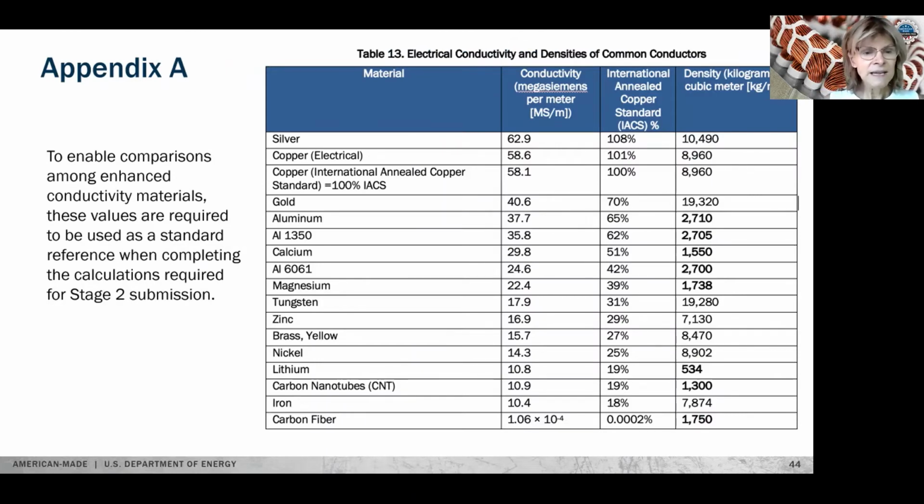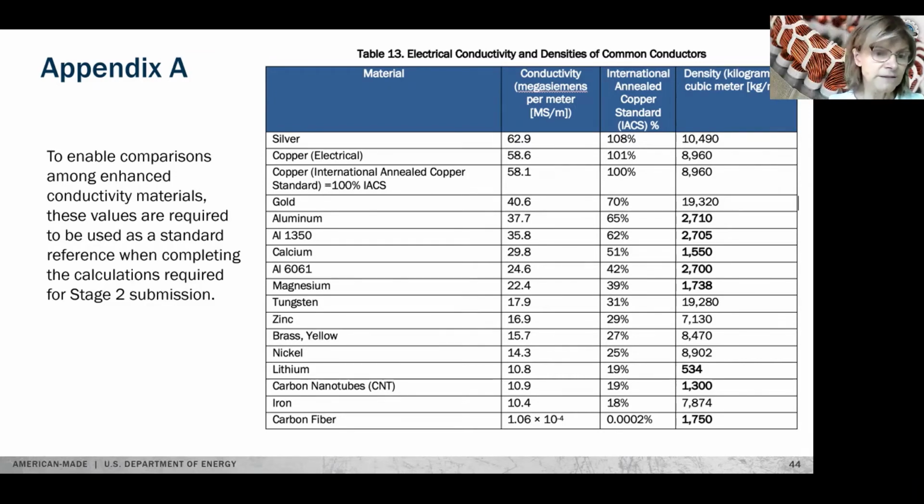Finally, there is Appendix A, which is very similar to Appendix A of the Stage 1 rules, which has our sort of universe of conductors from which we expect you to select for the contest that you will enter. For example, we list the density of all the conductors that are less dense than aluminum. We bolded them.